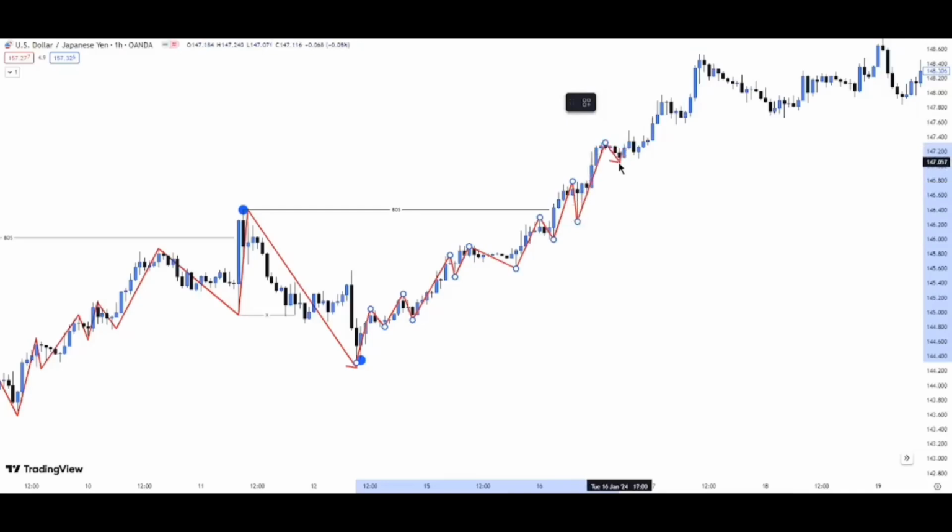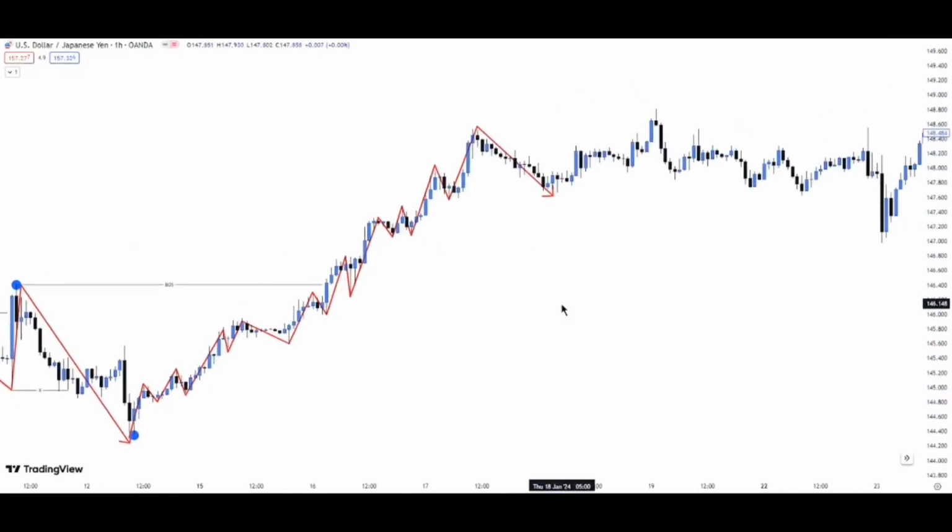Pullback. Went up. Pullback. Went up. Pullback. Let's see what is going on there now.